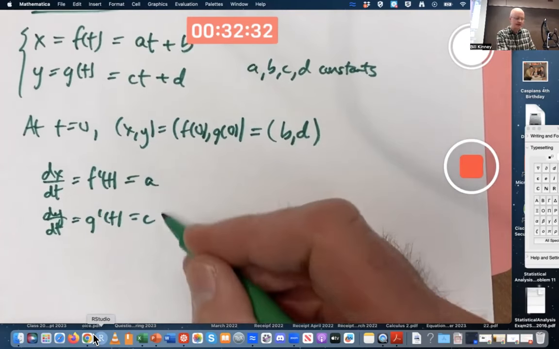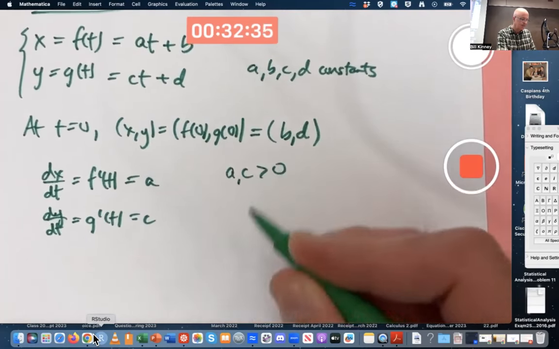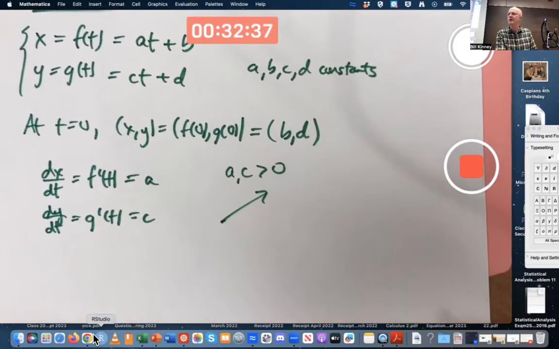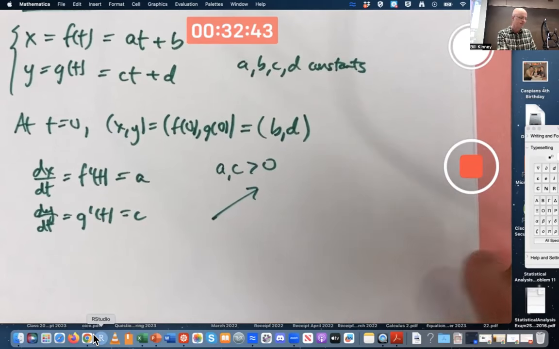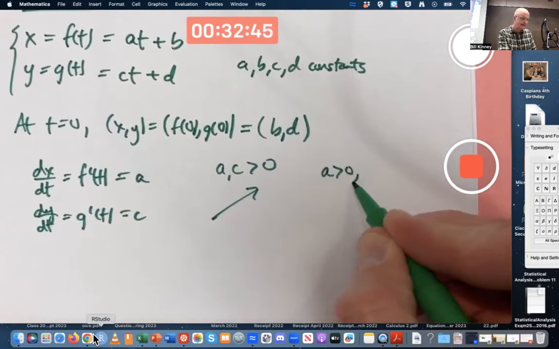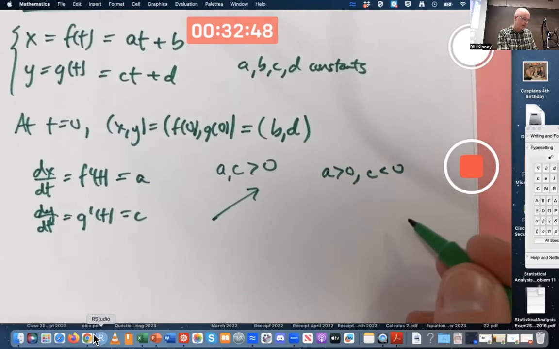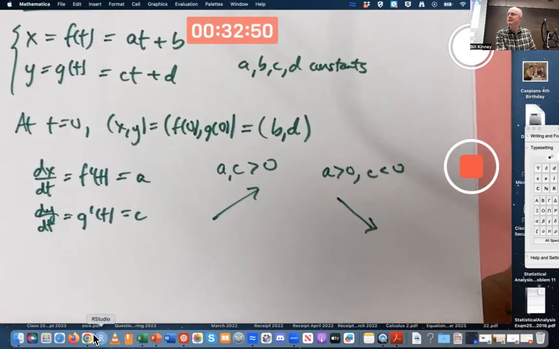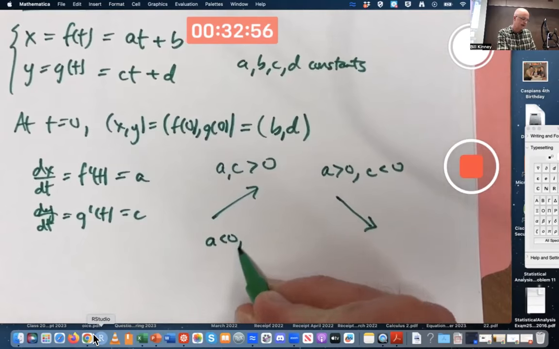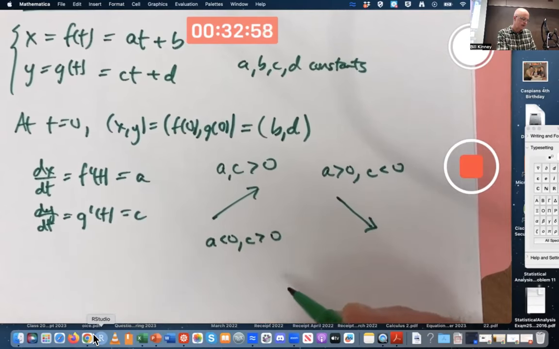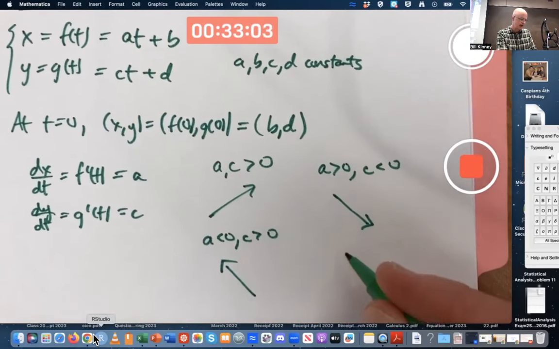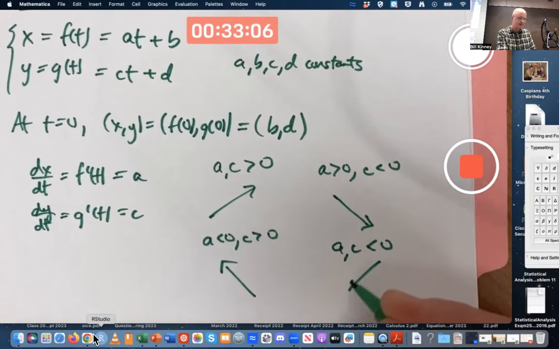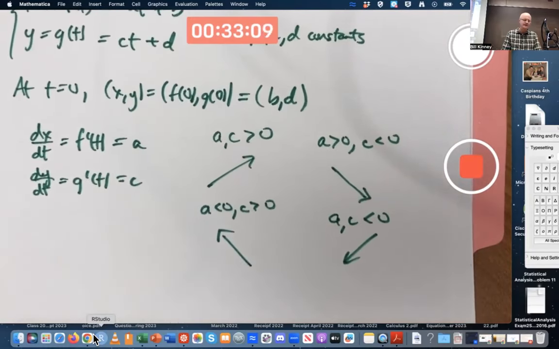If both a and c are positive, the motion is to the northeast. x and y are both increasing over time. If a is positive and c is negative, the motion would be to the southeast. x is increasing and y is decreasing. If a is negative and c is positive, x would decrease and y would increase. The motion would be to the northwest. And if they're both negative, the motion is going to be to the southwest.